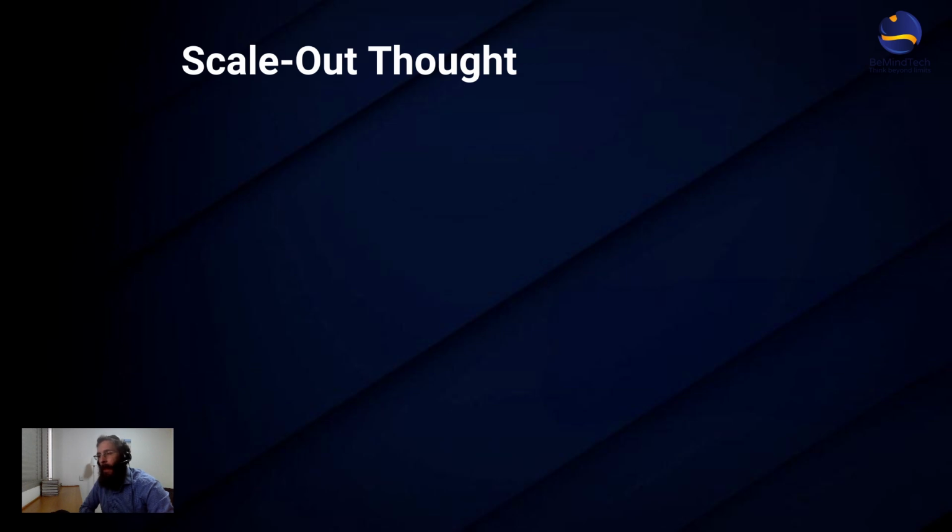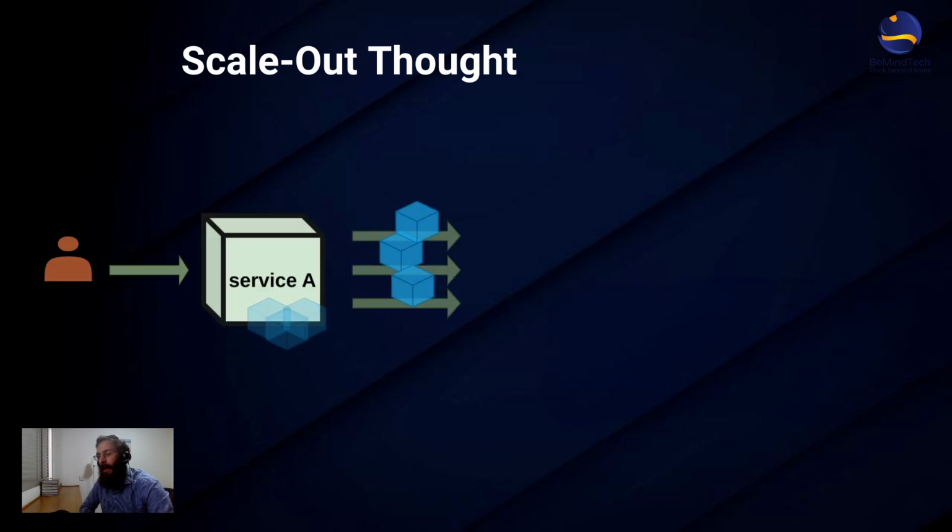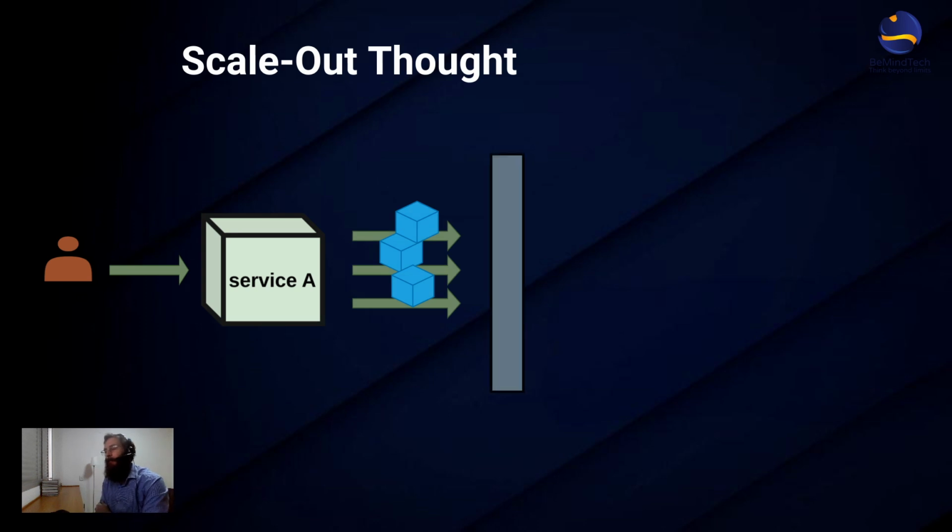We need to think about something important: in the previous slide I showed you that service B processed the three requests at the same time, but maybe there are some contexts where service B could not process the three requests at the same time.